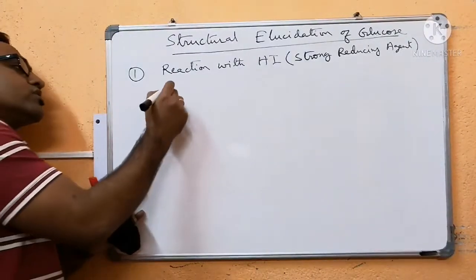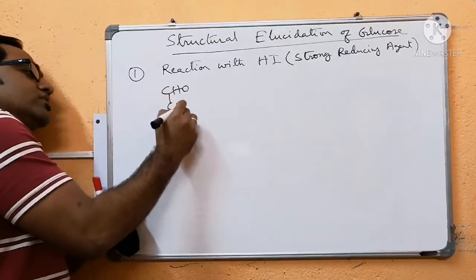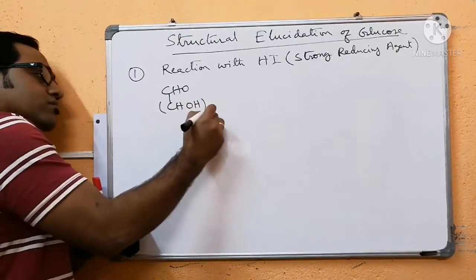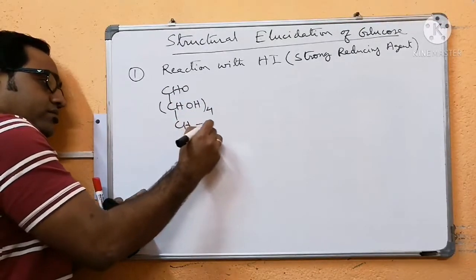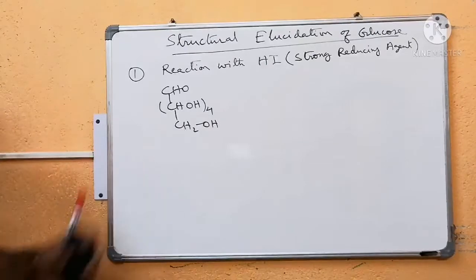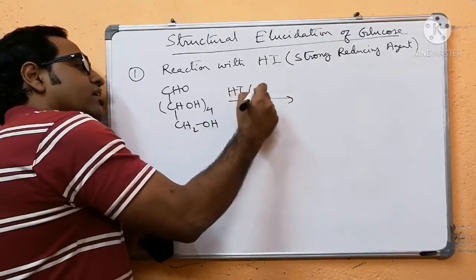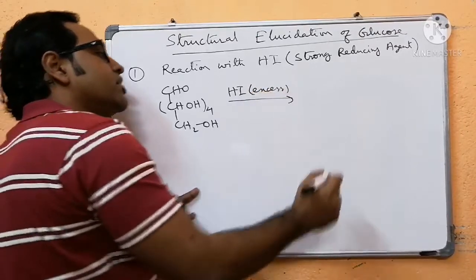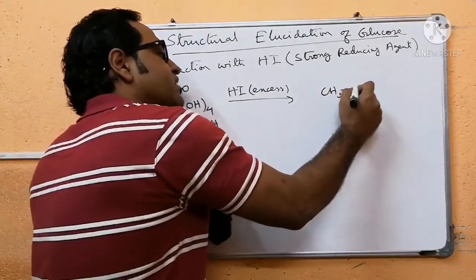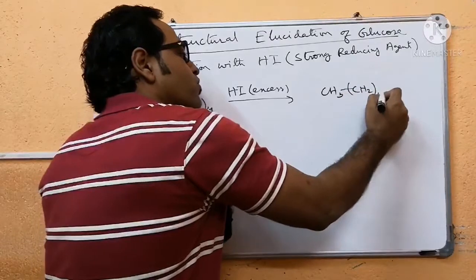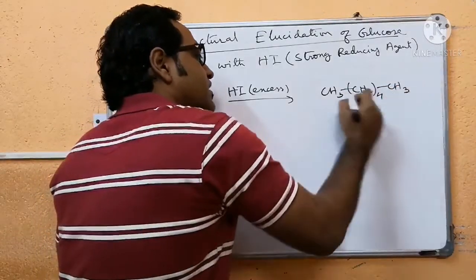So whenever glucose, CHO, CHOH, this is glucose. This glucose when treated with HI excess, it produces CH3, CH2 whole 4, CH3.